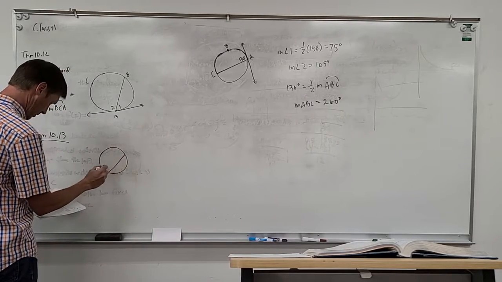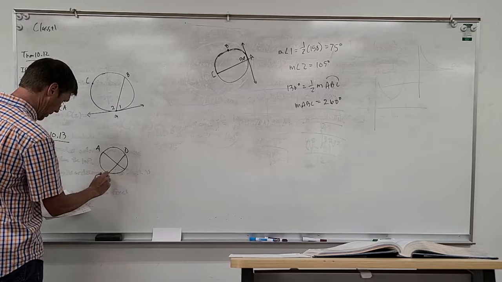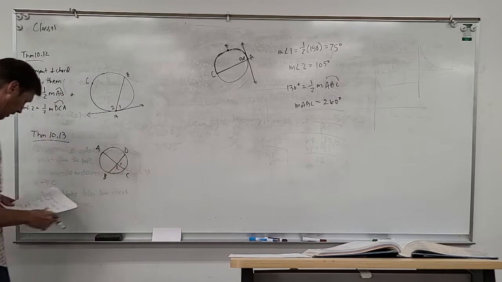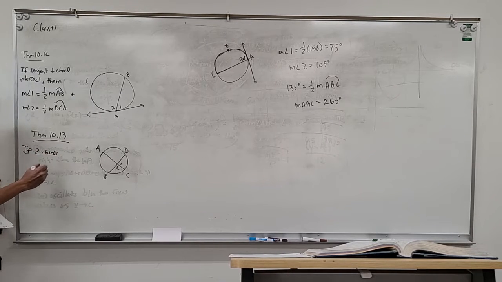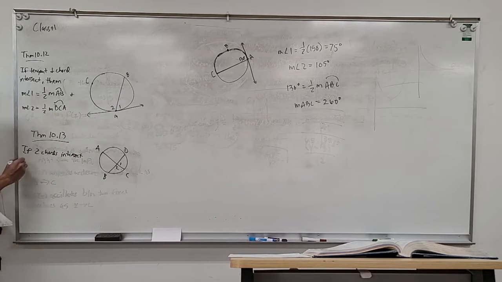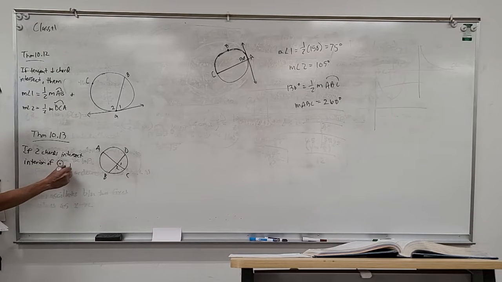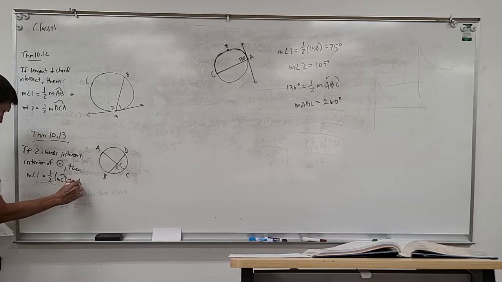All right. So we got that. We got A, D, B, C, 1 and 2. And so what this says is if you have two chords that intersect in the interior of a circle, it's our little symbol for a circle, then we can say the measure of angle 1 is equal to 1/2 the measure of arc CD plus the measure of arc AB.